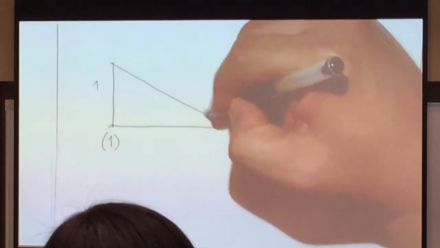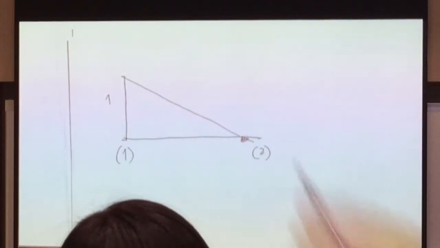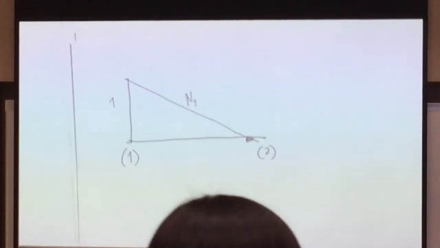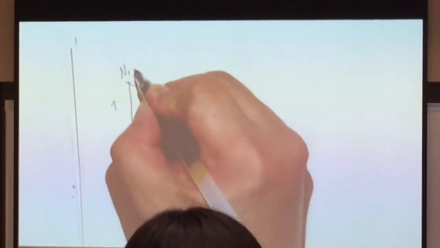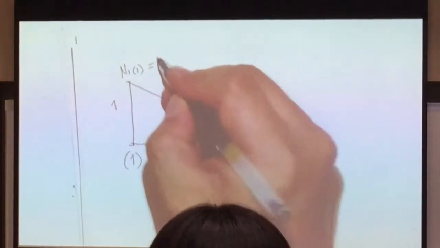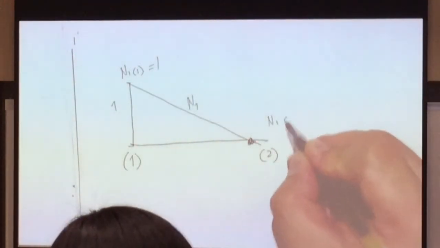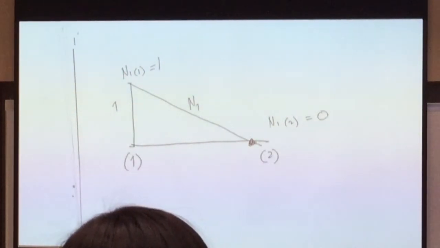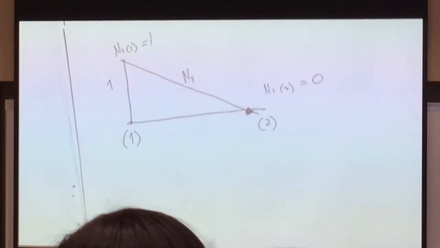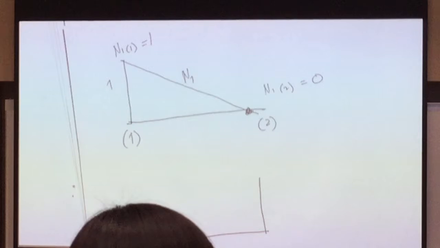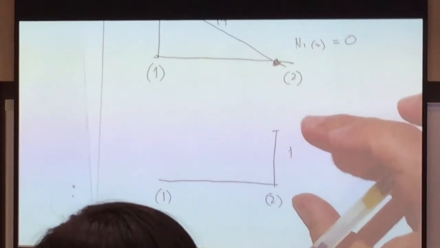So this one is your first shape function, N1. Meaning that N1 at node 1 is equal to 1, and N1 at node 2 is equal to 0.